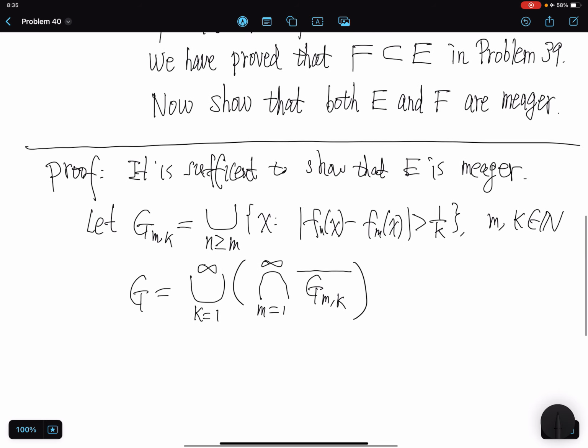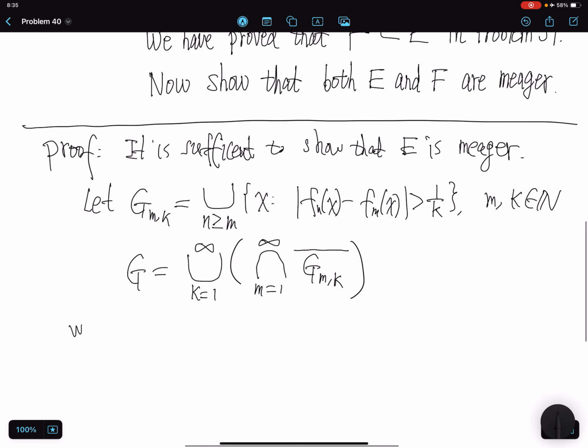So from this definition, first we claim that E is a subset of G. Later on we'll show that G is meager, and then we show that E is meager.